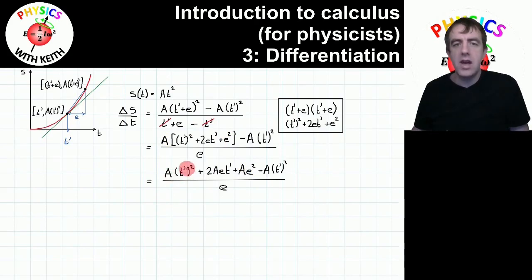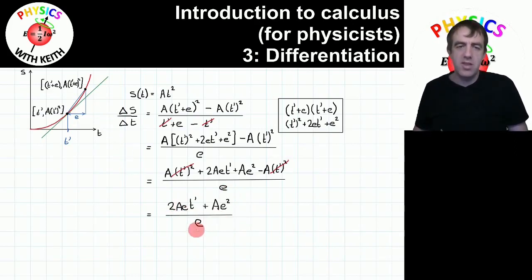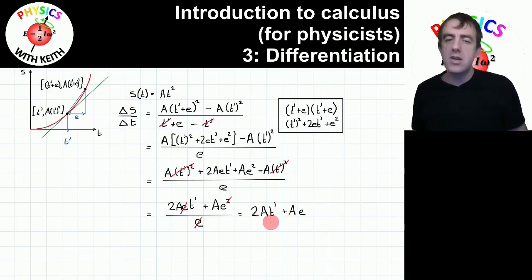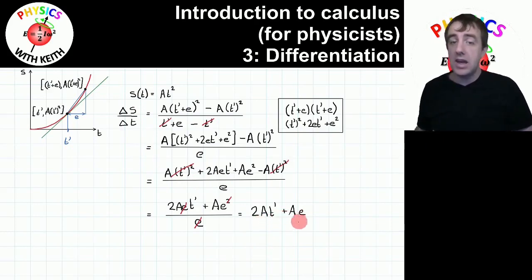And you can see we've got an a t prime squared and a minus a t prime squared on the numerator, so they will also cancel. And our expression becomes this. Now both of these terms are divided by e, so we can just cancel one of those e's out. And we are left with 2a t prime plus ae.